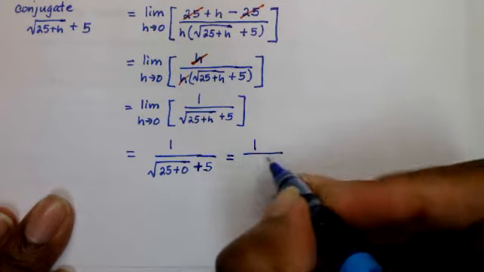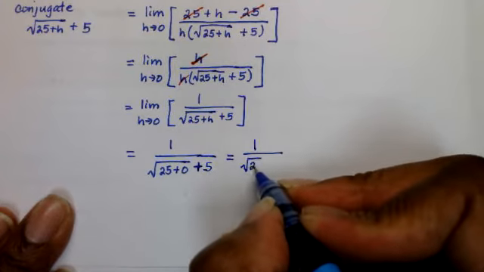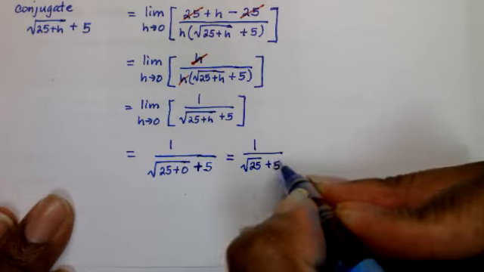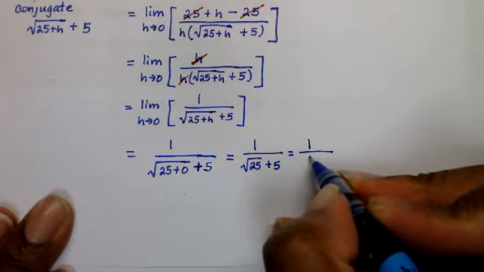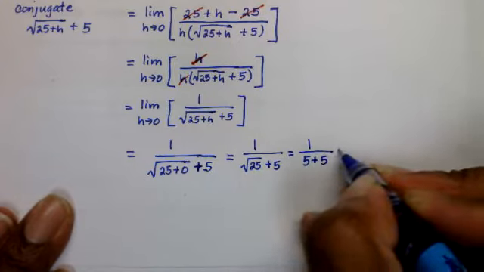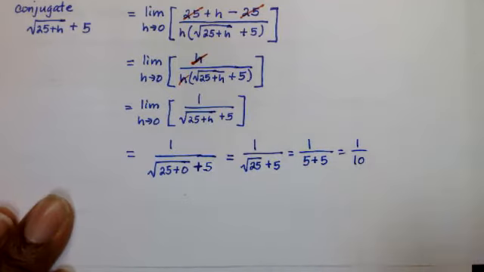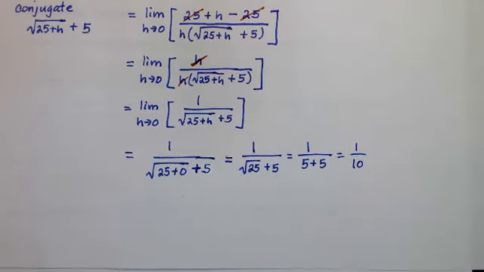And then 25 plus 0 is 25. So I have the square root of 25 plus 5, and the square root of 25 is 5. So 5 plus 5 will give me 10. So my final answer there will be 1/10. So the limit as h approaches 0 of the square root of 25 plus h minus 5 divided by h will end up being 1/10.